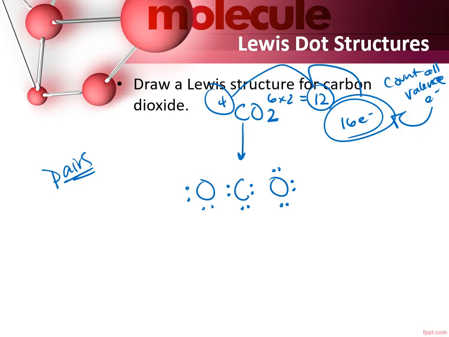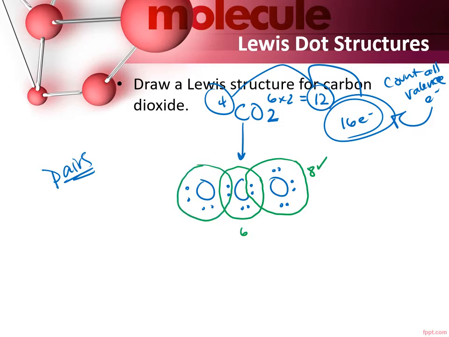Okay, so if I draw some lovely Venn diagrams, this oxygen right now, perfectly happy, it has 8. We're good. This carbon, not so happy, it only has 6. This oxygen, also not super happy, it only has 6. But I've used up all of my valence electrons. What we're going to do is make some double and triple bonds, perhaps.